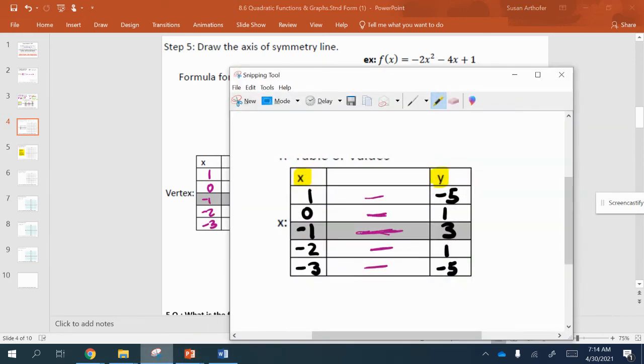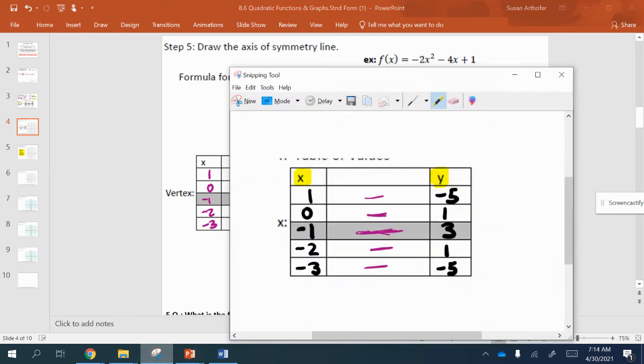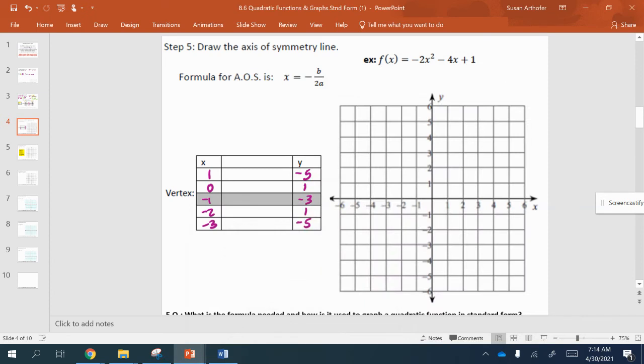And we also had negative 5, 1, and 3. Oh, I can't remember what this was. I think it was negative 3. Let me see. No, it was positive 3. Hold on, I made a boo-boo. I'll just make it a positive 3. I just want it to be 3.